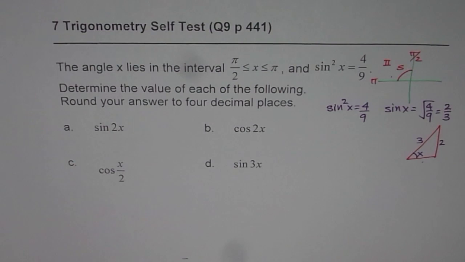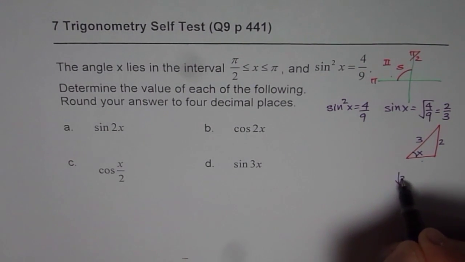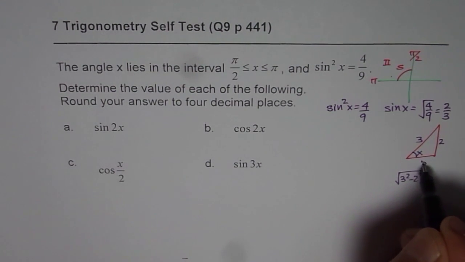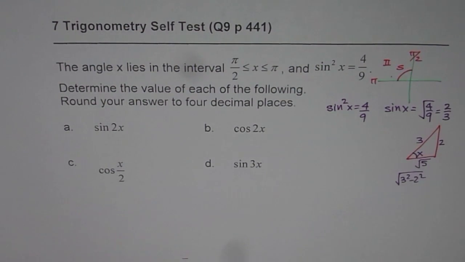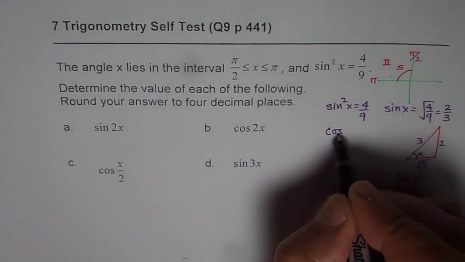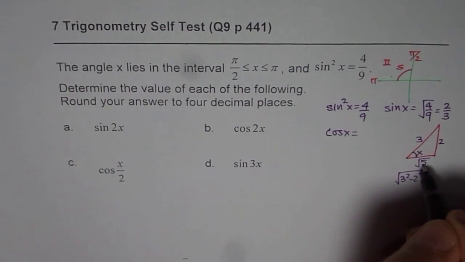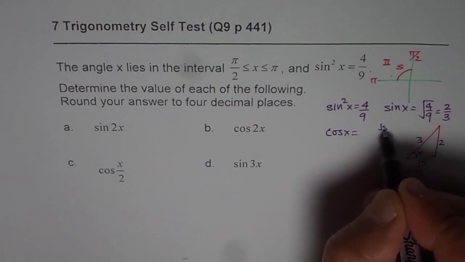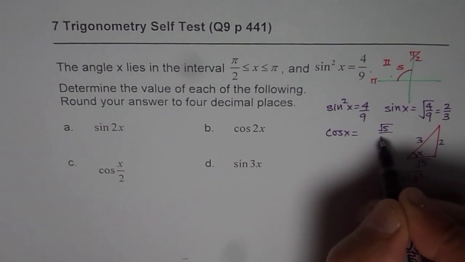We need to find the adjacent side, which should be the square root of 3 square minus 2 square. 9 minus 4 is 5, so we can write square root 5 for the adjacent side. Once you know your triangle, you know what is cos x also. So from the triangle, cos x is equal to adjacent over hypotenuse, square root 5 over 3.